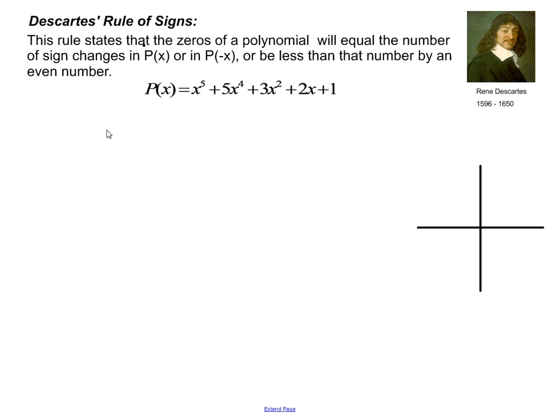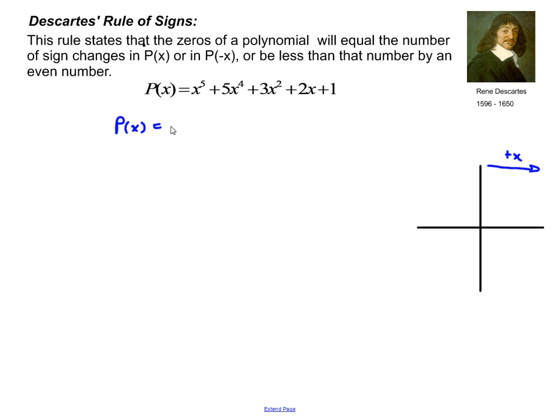Well, first of all, we would want to look at the function p of x. It says, in essence, if we're interested in finding the number of zeros on the positive side of the x-axis, so all the values of positive x to the right of the y-axis, we should first look for the sign changes in the polynomial function itself.